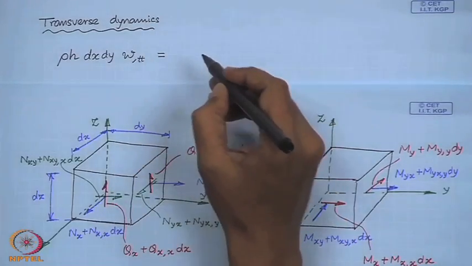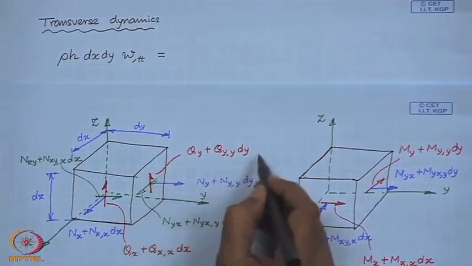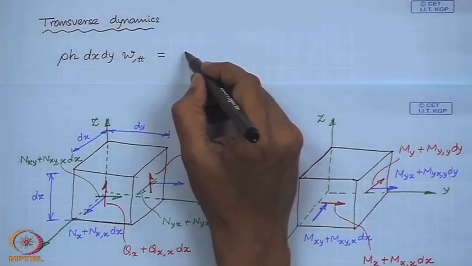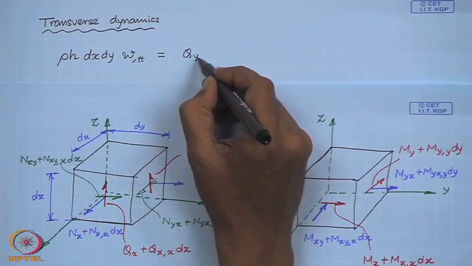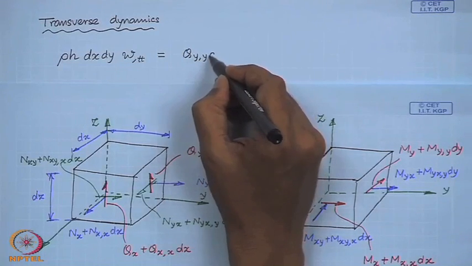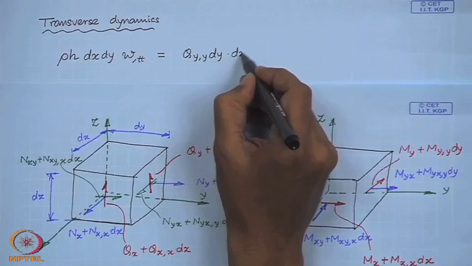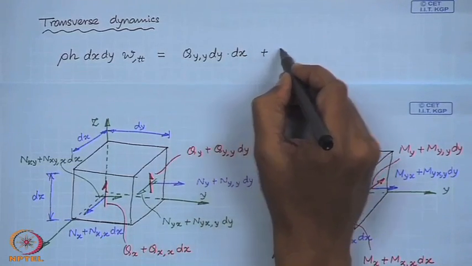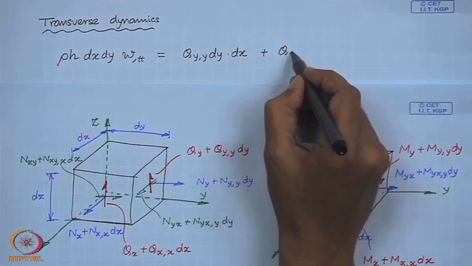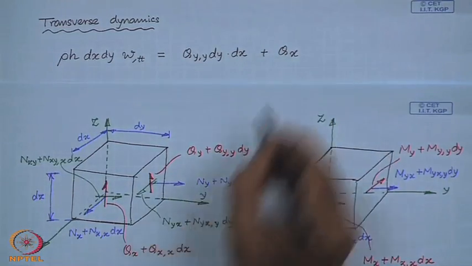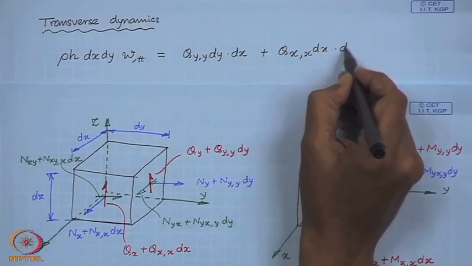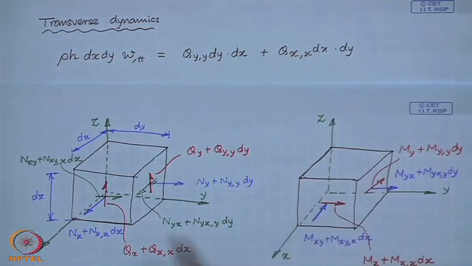Remember these are all forces per unit length. So, these are the forces in the transverse direction.